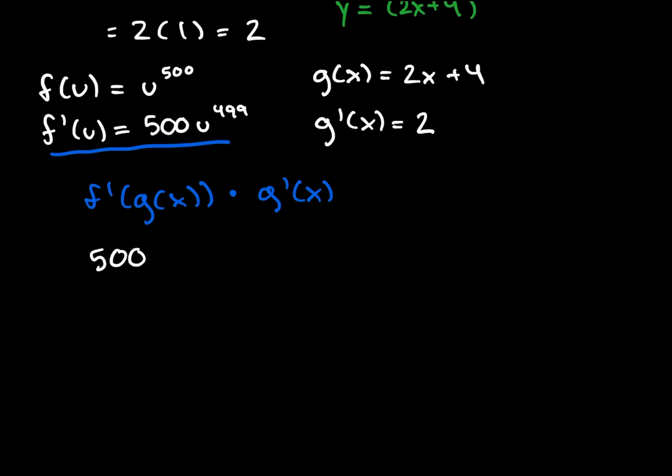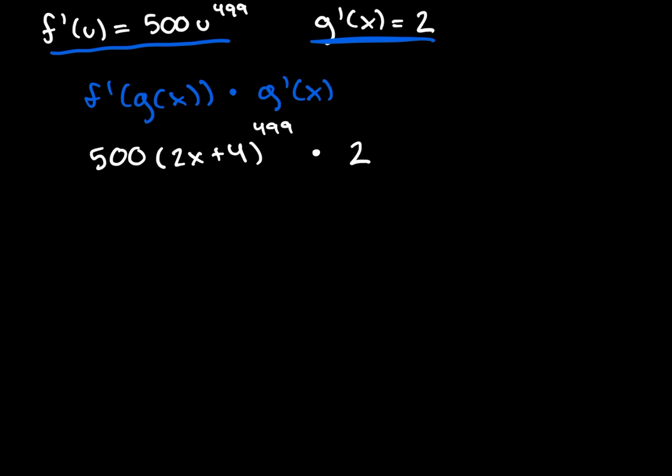Actually, as is seen in our formula, we put g of x here. So the first part will be 500 times 2x plus 4, which is our g of x, to the power of 499. And then we multiply that by g prime of x, which is just 2, so times 2.